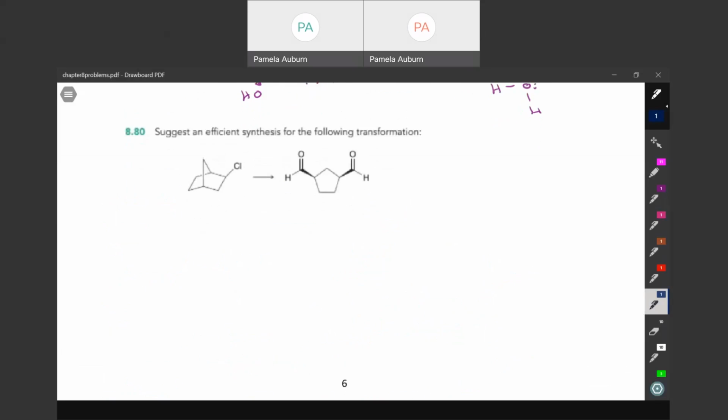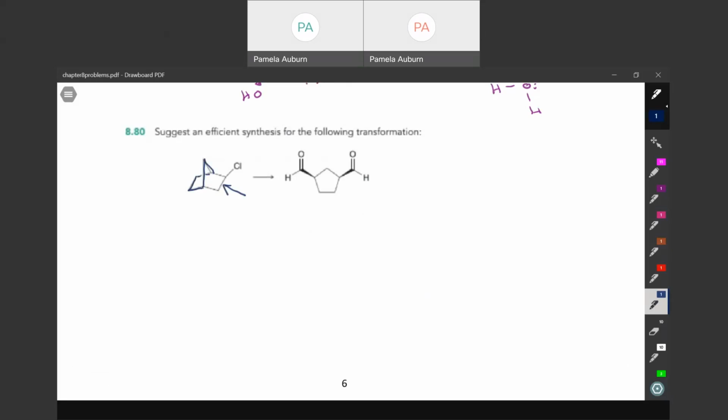Then this last one, hard to see. So I'm going to treat this alkyl halide with a strong base to give an alkene, and then convert it by ozonolysis to this next product is why I'm going to do this. So the thing to recognize is that my 5-membered ring here is here. And the double bond I'm going to form is going to be there.